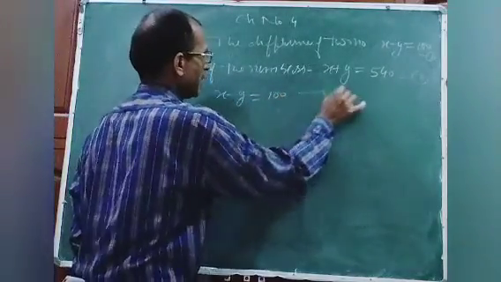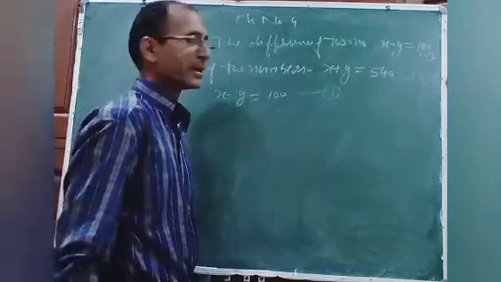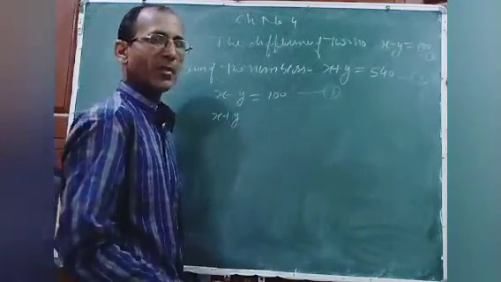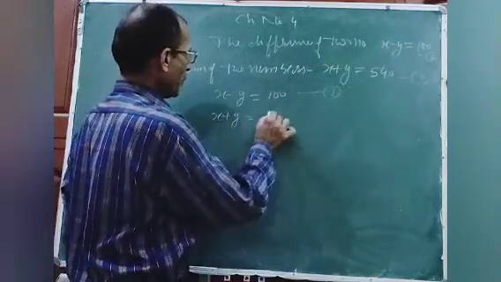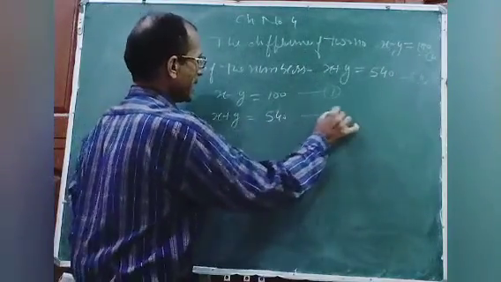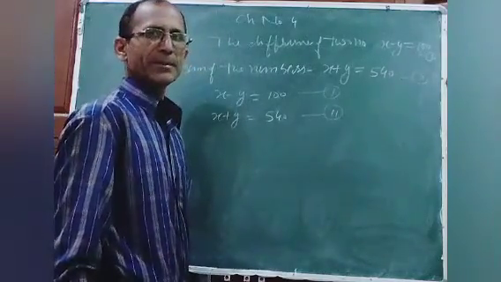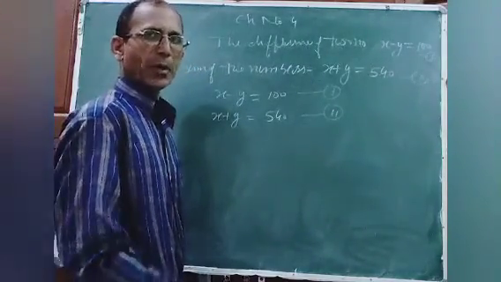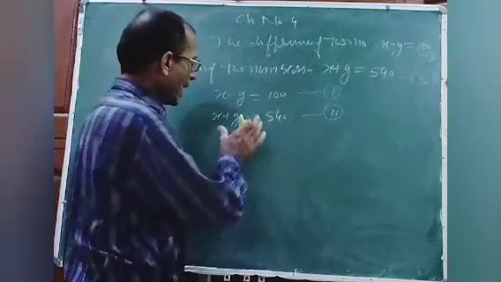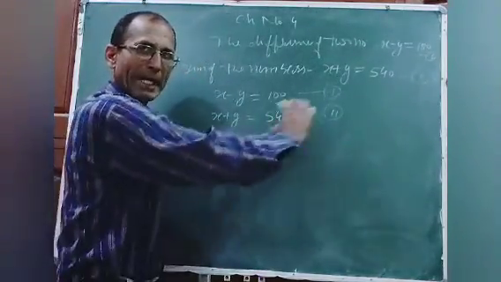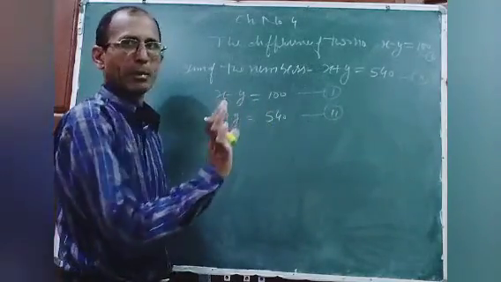This you can give the name equation number 1. And x plus y is equal to 540. This is equation number 2. So students, you have to focus this side on adding 1 and 2. You can add by column method or you can add horizontally also, no problem.